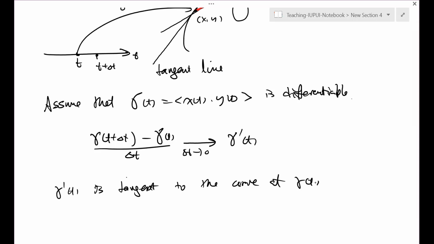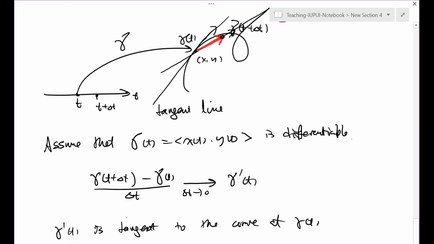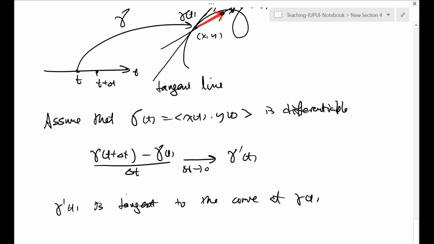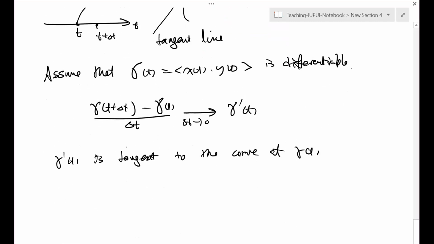When you say the derivative, it's called a tangent vector, because the derivative comes from this ratio. This ratio determines a vector almost tangent to that point. Then you take the limit, you get the derivative. So this is why gamma prime t is called a tangent vector.